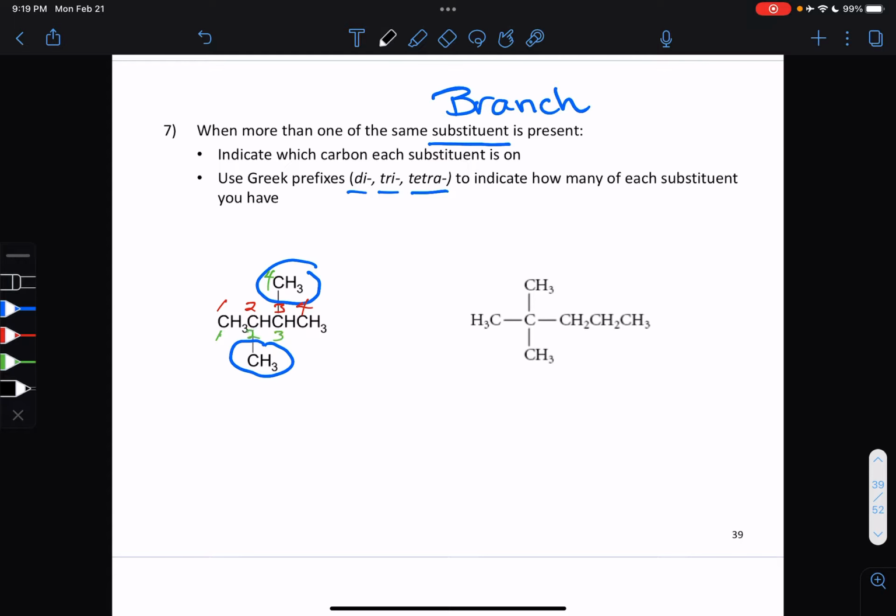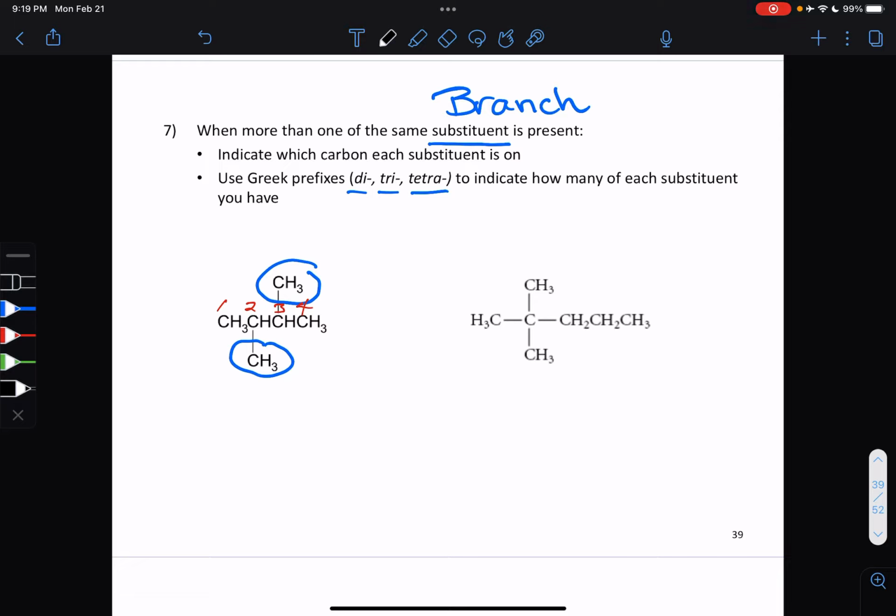So let's take some of this numbering off of here and clean up our picture just a little bit. Now, if we take a look at the fact that we can have a number of continuous 4-carbon chains, then we want to go to numbering in the direction that's going to give us the lowest numbers.